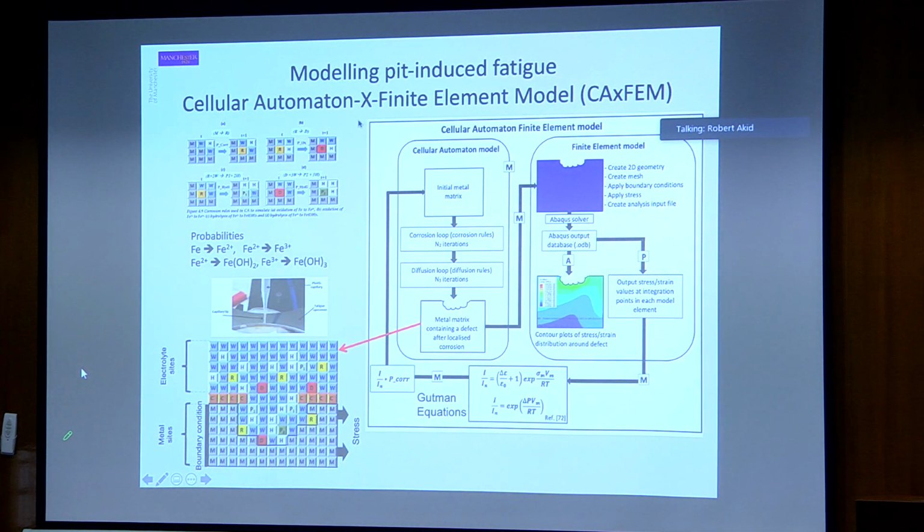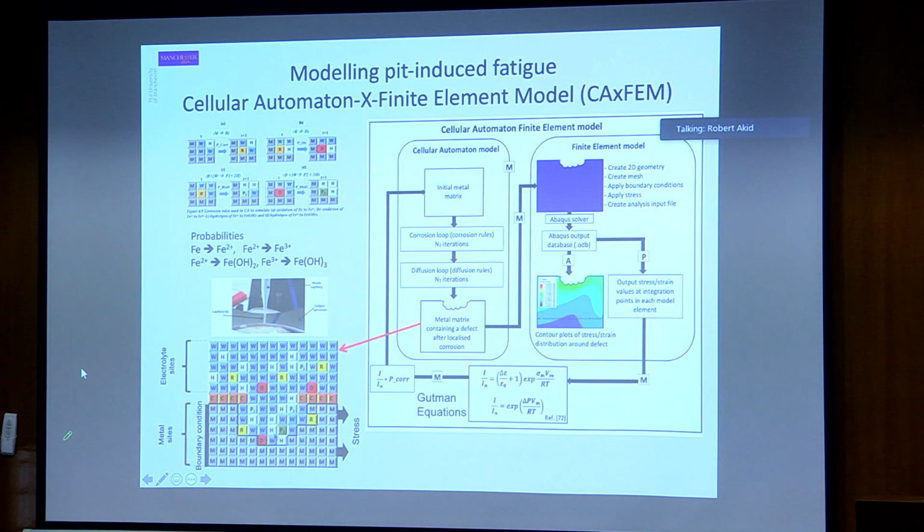Our modelling approach is based upon a cellular automaton finite element model, what we call CA-XFEM. This is where we represent the material and its environment. You can see here, I showed it previously, we generate electrochemically a pit on the surface using a capillary, and that capillary is represented by the orange C, and that's an inert surface, so we get no activity there.